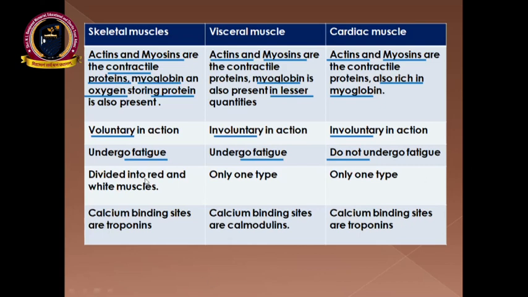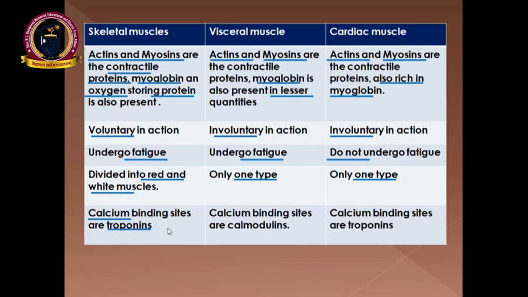Skeletal muscles are divided into two types, red muscles and white muscles, whereas no such types you find in the visceral and the cardiac muscles. Then skeletal muscles have calcium binding sites which are called troponin molecules. Calcium ions are very important for muscular activity.